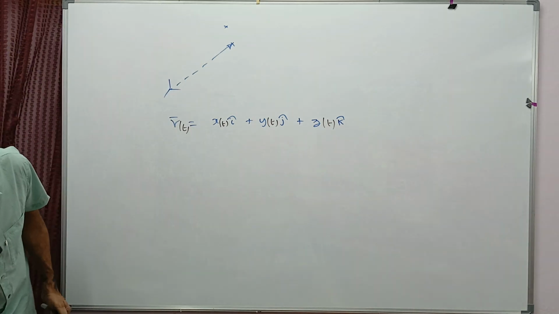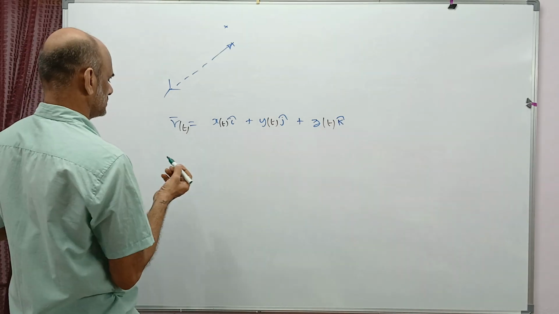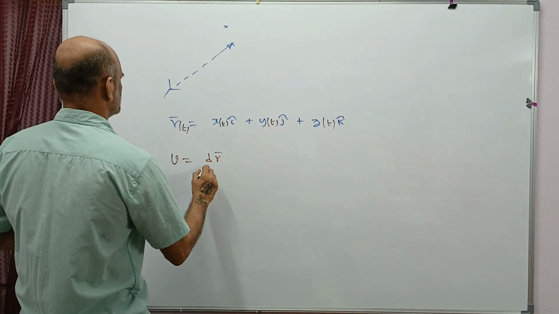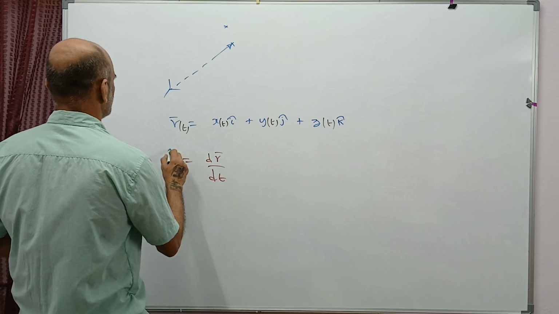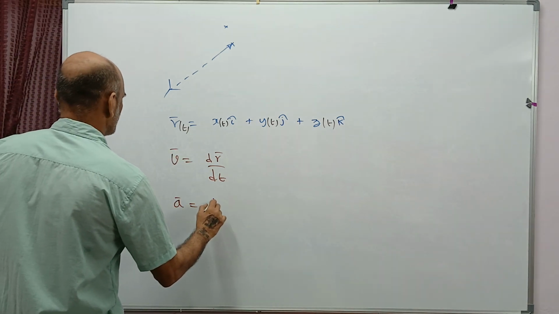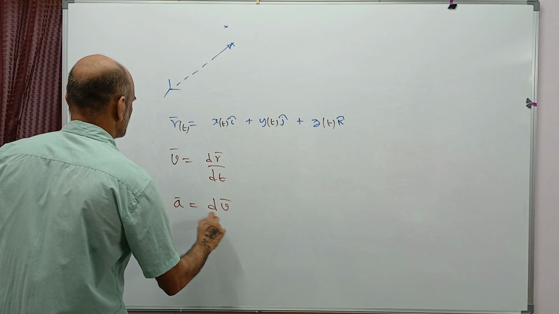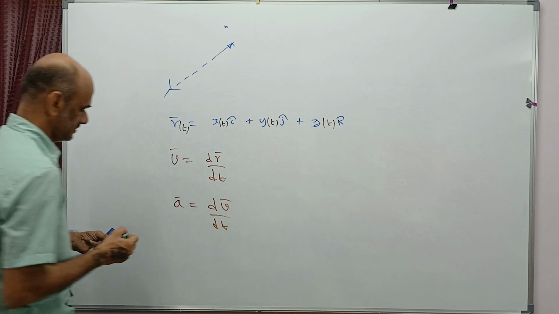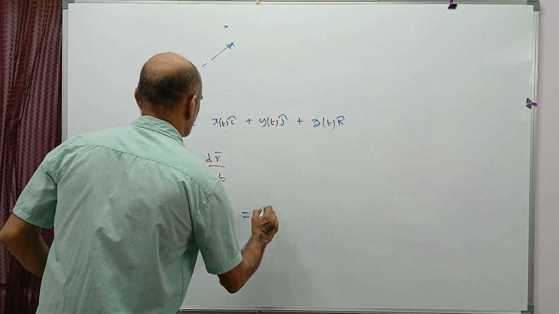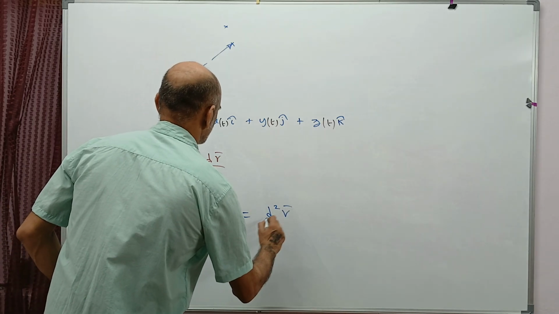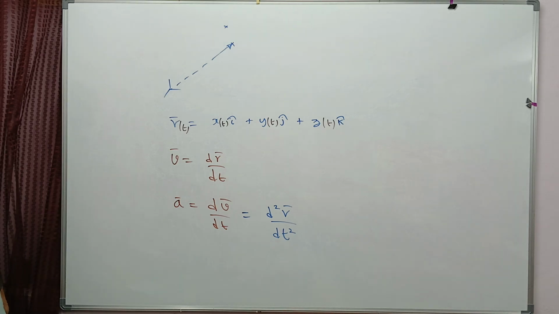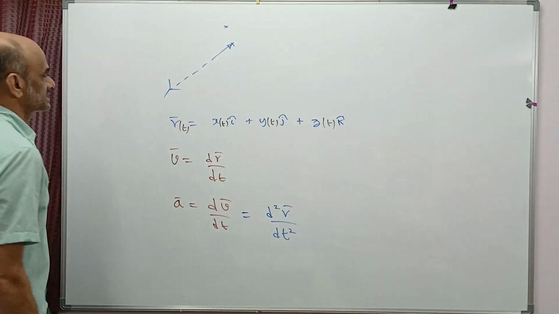So to get the velocity of this particle, it's dr by dt, the velocity vector, and acceleration is how fast the velocity is changing. So it's dv by dt. If you put v as dr by dt, it will become the second derivative of r with respect to time. So you have to differentiate this twice to get the acceleration.